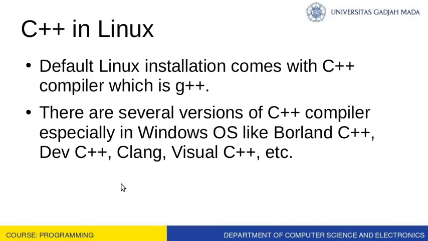Now we will focus how to use C++ in Linux environment. Of course, you can use C++ in Windows and also in Mac OS and another operating system. However, in this course, we will just discuss how to use C++ in Linux operating system.